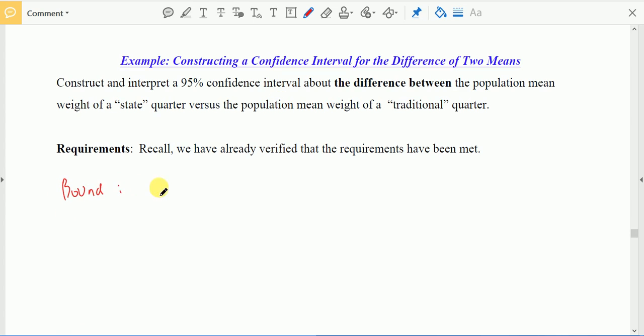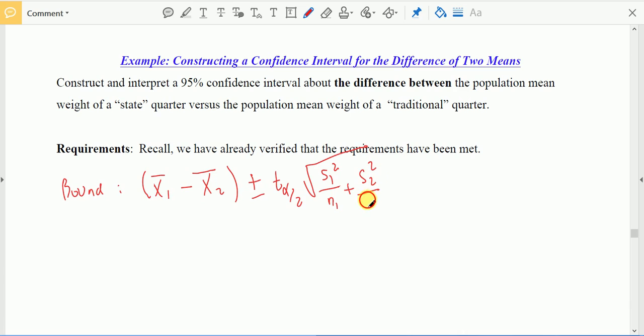We have all the data. So the bound is x1 bar minus x2 bar, plus for the upper and minus for the lower, t alpha over 2 times the square root of s1 squared over n1 plus s2 squared over n2.